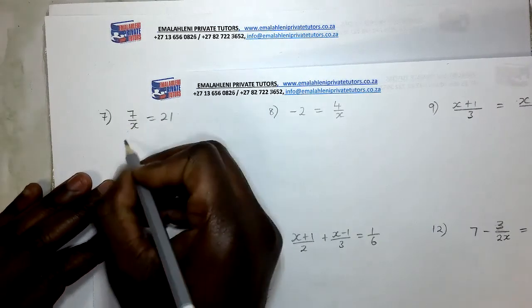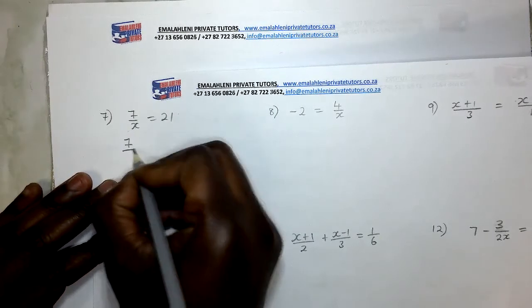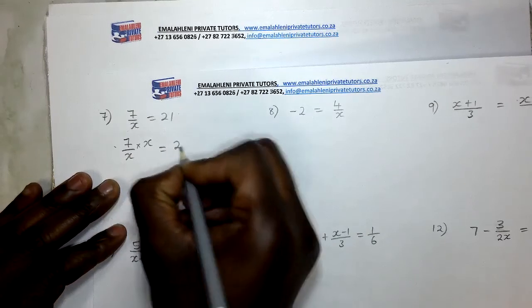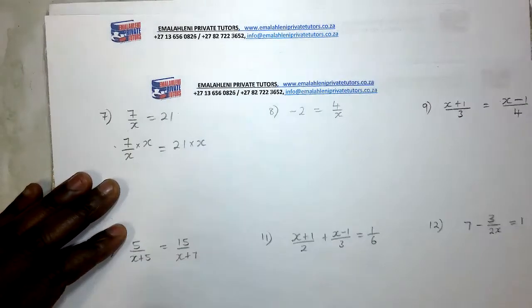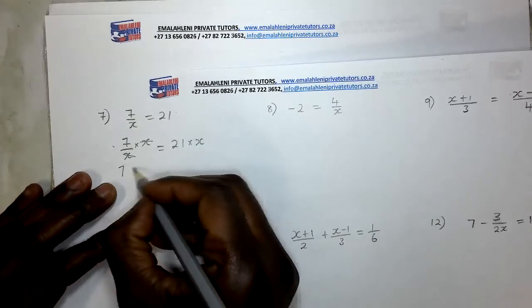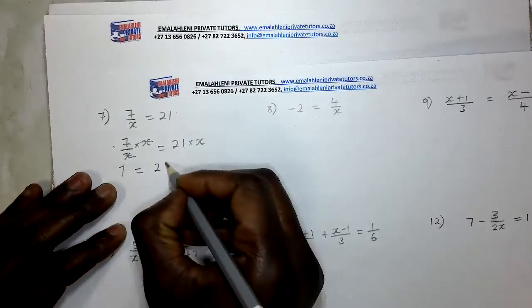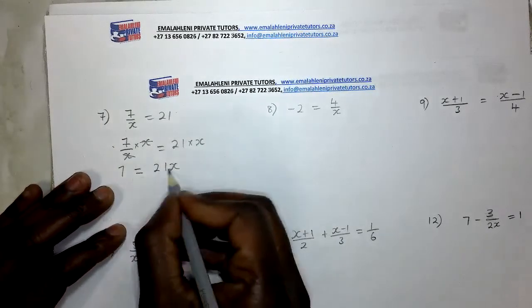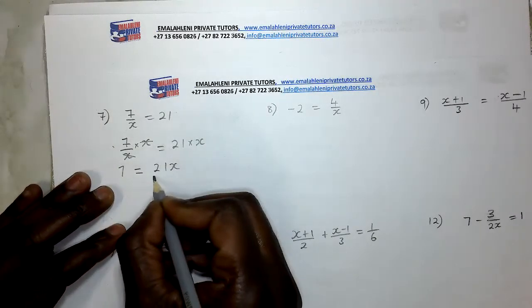So 7 over x times x is equal to 21 times x. Then x cancels. So 7 is going to be equal to 21x. Now, we're going to divide by 21.